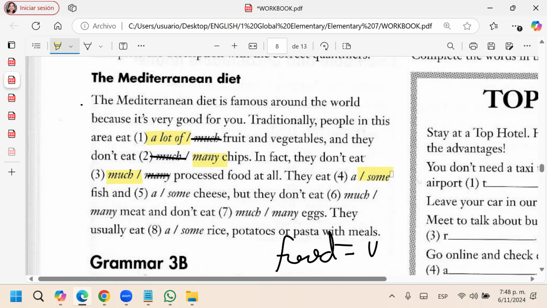No, some fish and some cheese, because fish and cheese, they are uncountable. Si digo un pescado, solo comen uno. No. Comen un poco de pescado. Some fish y some cheese. Cheese y fish is uncountable. And they don't eat meat.